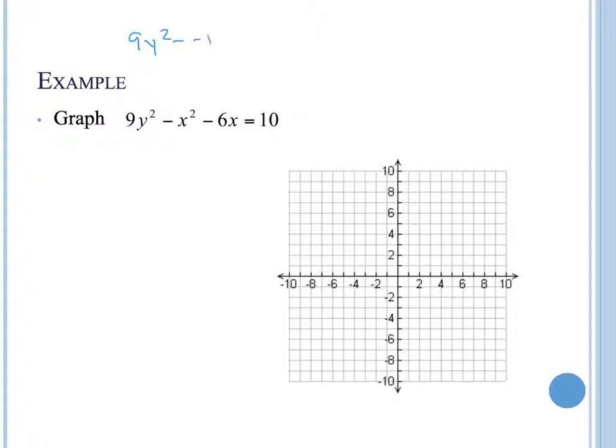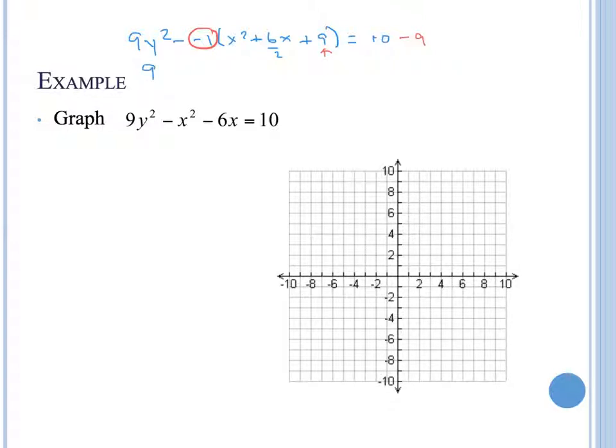I'm going to factor out a -1, which gives me x squared plus 6x. I'm going to divide by 2, which gives me 3. 3 squared is 9. So that equals 10. Now, it looks like I added 9 right here, but I have a -1. So 9 times -1 means I really subtracted 9 from both sides.